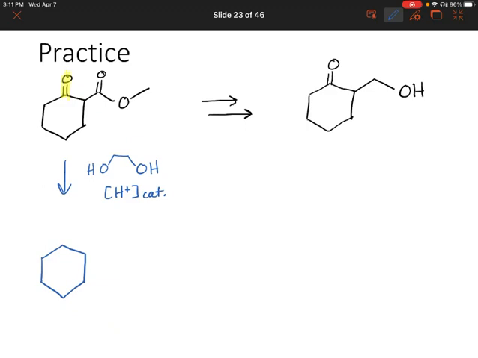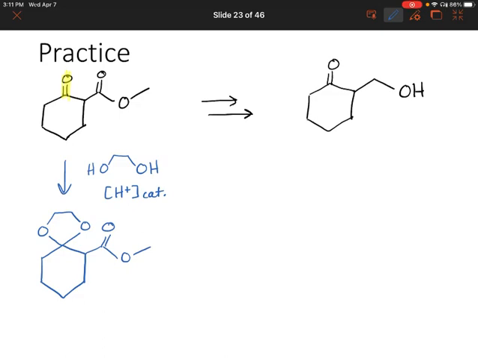And as we saw in the previous example, that's going to create this cyclic ketal, and then we'll also have our ester off to the side. So our cyclic ketal is acting as a blocking group, and it's going to prevent our lithium aluminum hydride from reacting with the ketone.